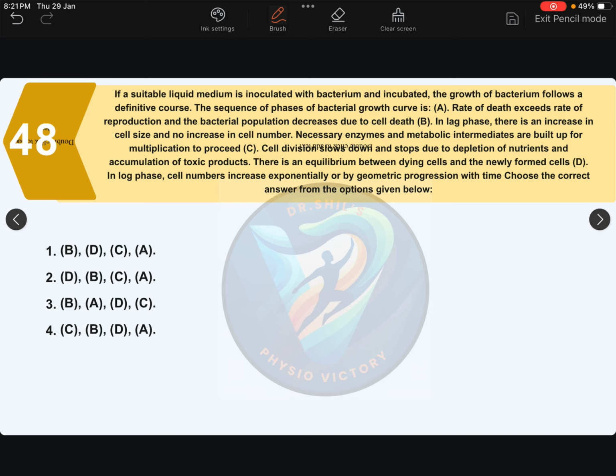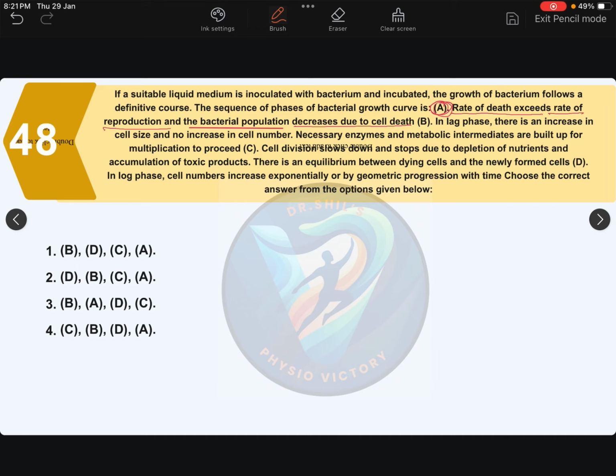The sequence of phases of bacterial growth curve is... In A, the rate of death exceeds the rate of reproduction and the bacterial population decreases due to cell death. So this is basically called the death phase. The death phase comes at the very last.